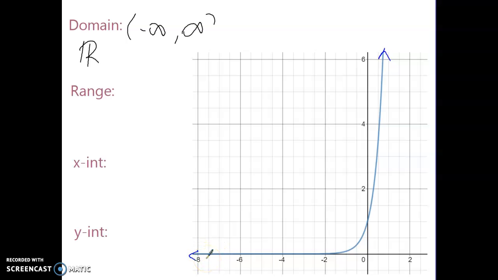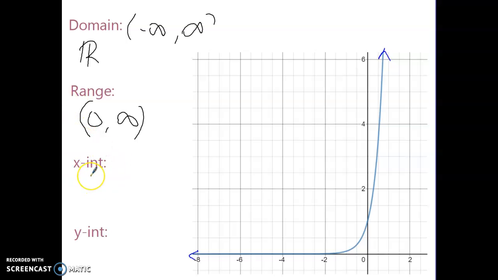So what that means is the range is from 0 to infinity, because you can see on this side that arrow tells me it's going up, but it's just that 0 is not included. So unlike the parabolas, we're going to put a parentheses on 0. We always put parentheses on infinity. It's never included. But in this case, we're going to put a parentheses on that 0 as well because it never actually reaches it.